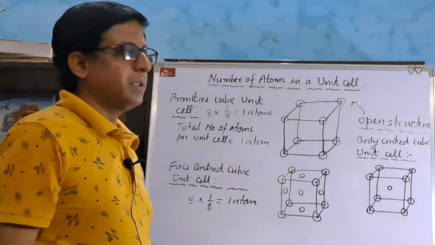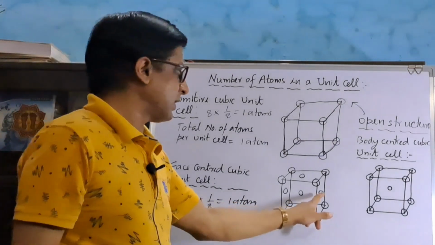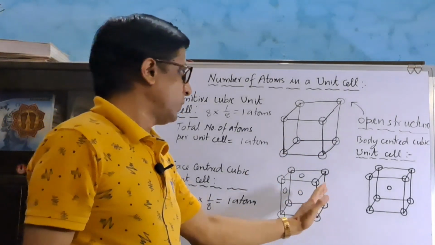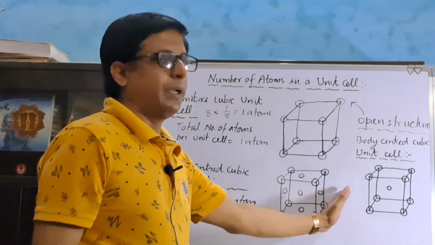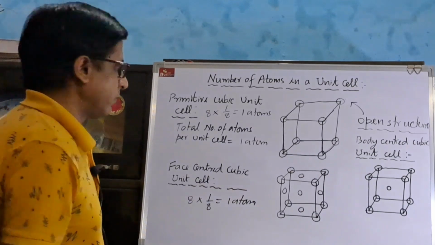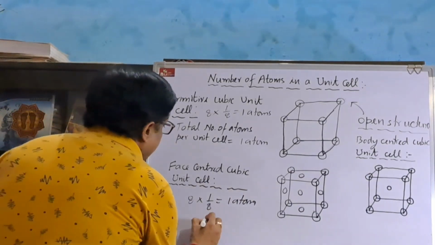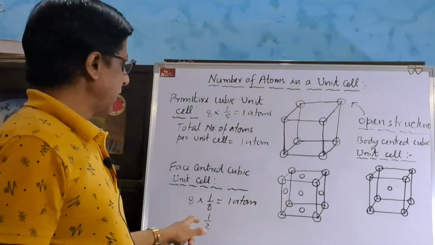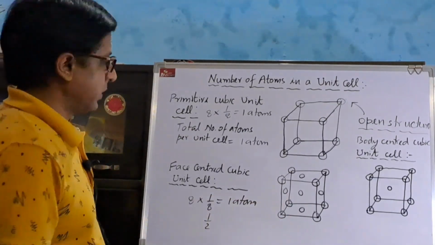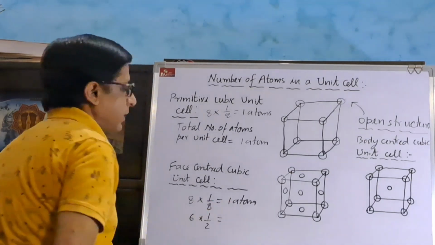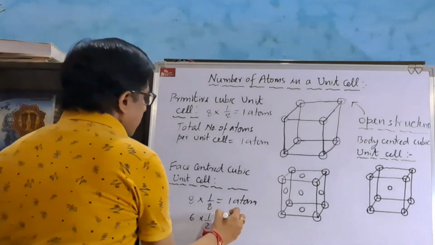Now the atom present at each face is shared by 2 unit cells, this unit cell and the neighboring unit cell. Therefore the contribution of a face-centered atom to a particular unit cell is 1 by 2. Since there are 6 faces, the total is 6 into 1 by 2, which is 3 atoms.